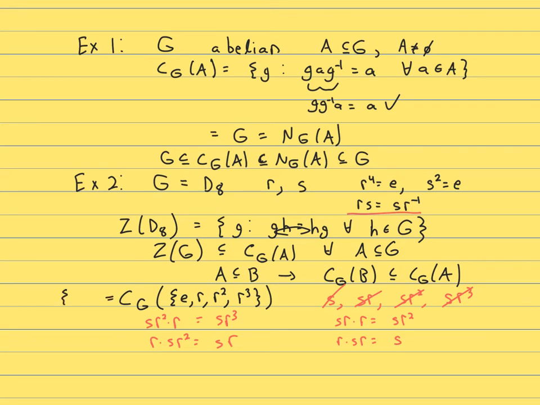That's all the centralizer is. Those are the only elements that commute. So we see that the centralizer in D8 of the rotation subgroup is the rotation subgroup.